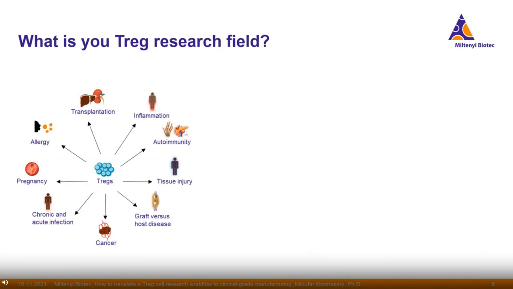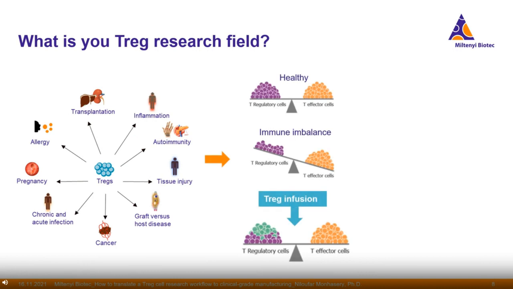Tregs can be studied in different research and clinical fields and in different indications like transplantation, inflammation, allergy, cancer, GVHD, autoimmune disease, pregnancy, and so on. But why do Tregs have key roles in the body? Because, as you can see in this illustration, there is a balance between T regulatory cells and T effector cells when the body is in a healthy condition.